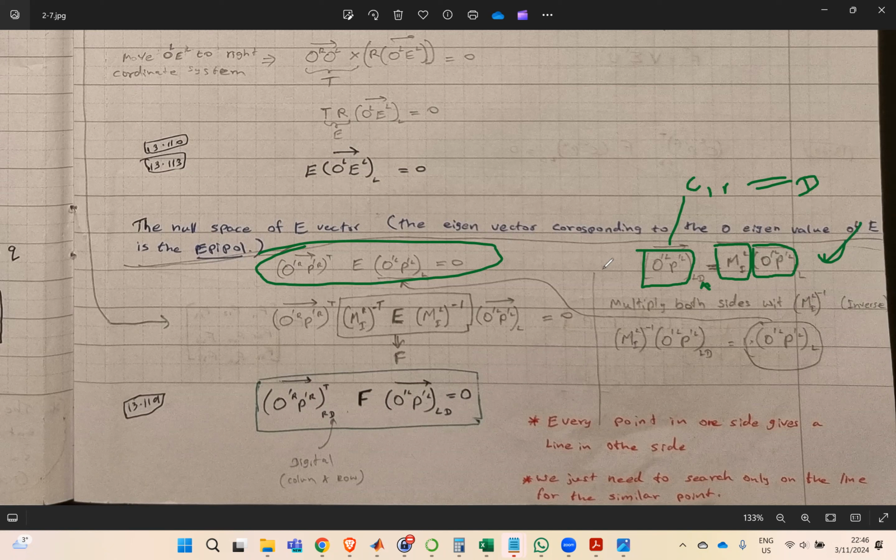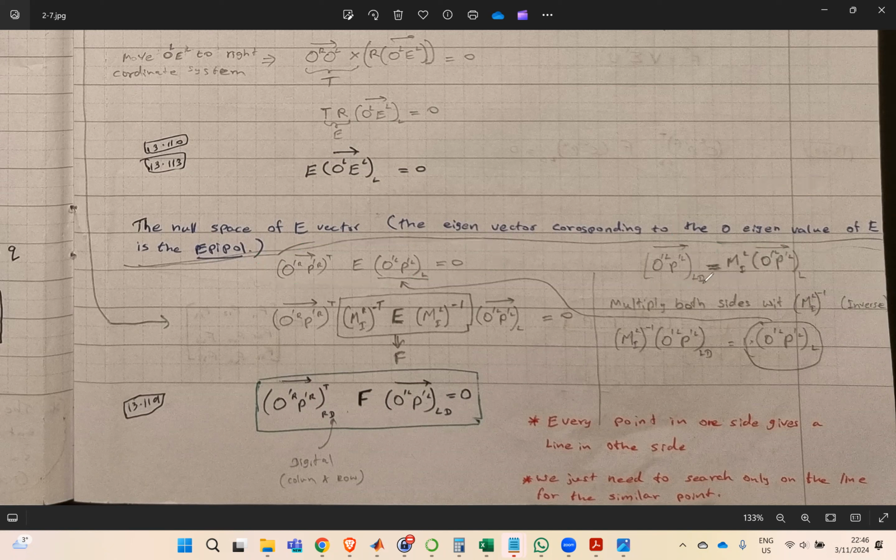Now you can multiply the whole equation, both sides, with MI inverse. So you get MI inverse in here. And what happens when you multiply with MI inverse? You get a 1. If you multiply a matrix with its inverse, what happens?